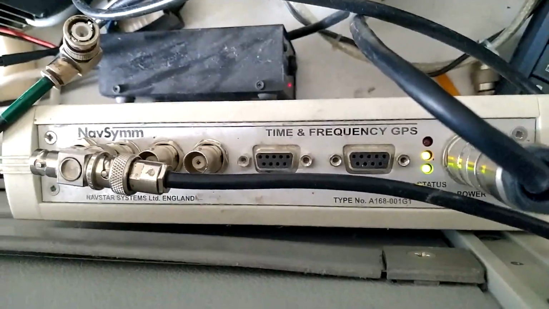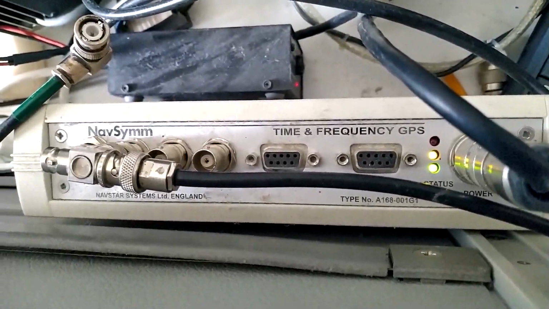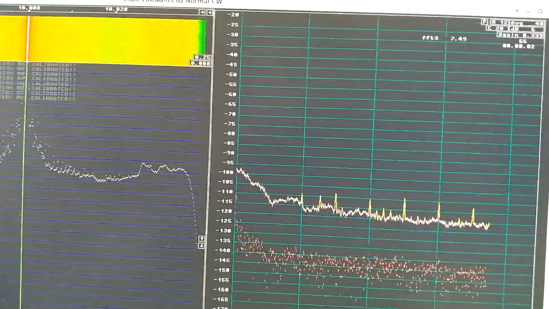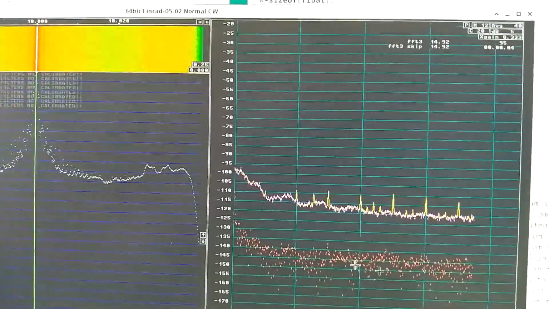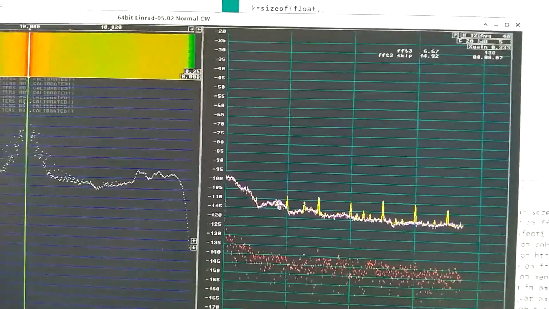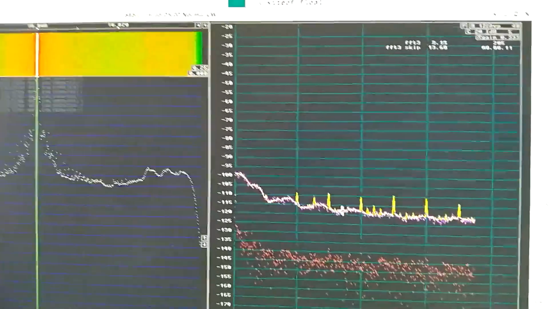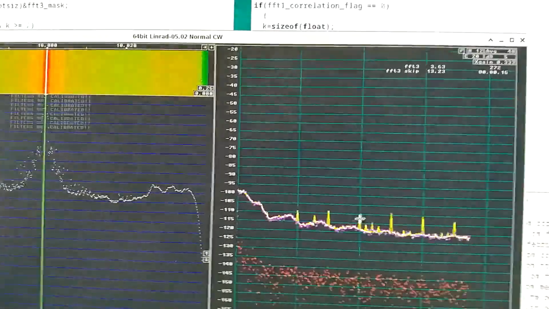I have connected the 10 MHz reference oscillator inside this unit. The sideband noise level is very high. It is the same as the noise level of the system. Means the noise of the SDR IP is not visible here.